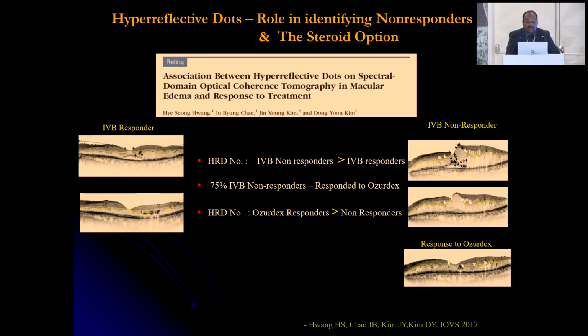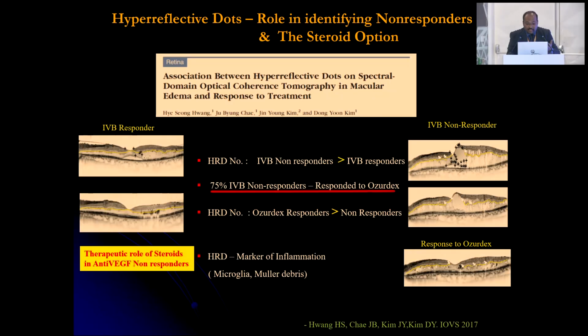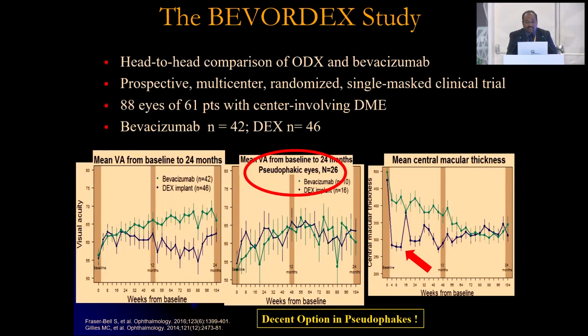And interestingly, hyperreflective dots are more in Ozurdex responders than non-responders. And that makes intuitive sense because we know hyperreflective dots are a marker of inflammation, microglia, Müller cell debris. So therefore, there is a definite therapeutic role of steroids in anti-VEGF non-responders. But of course, you keep in mind the IOP and the cataract issue.